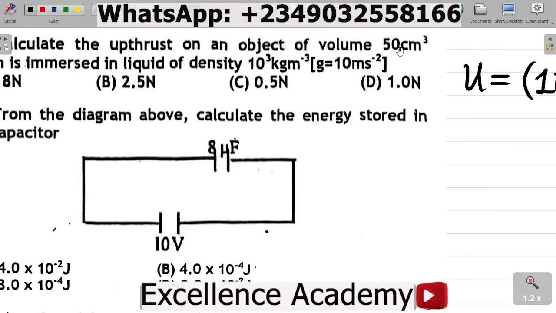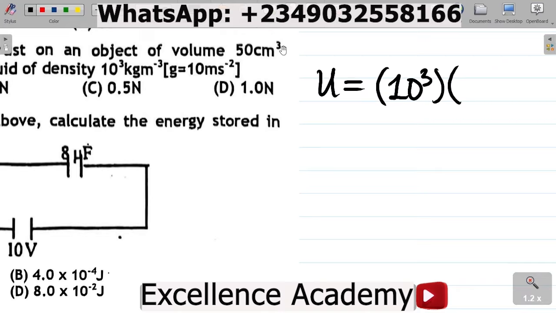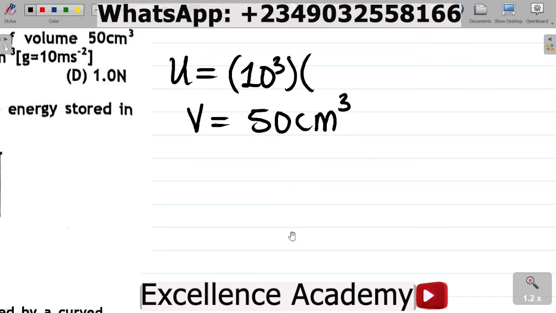The volume is 60 cm cube. Now, the thing here is that the volume is in cm cube, so we have to do a conversion. This is cm cube. This is kilogram per meter cube. This is g in meter per second squared. So let's convert this volume here from cm cube to meter cube.